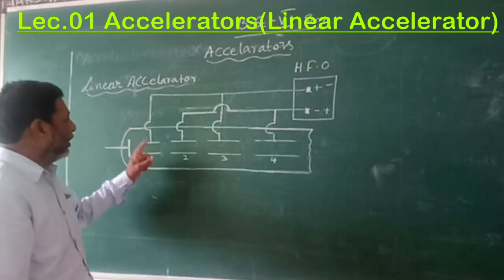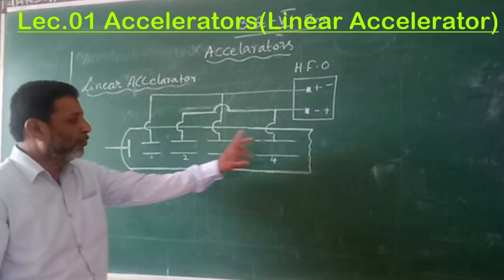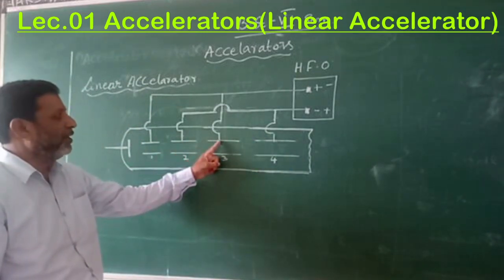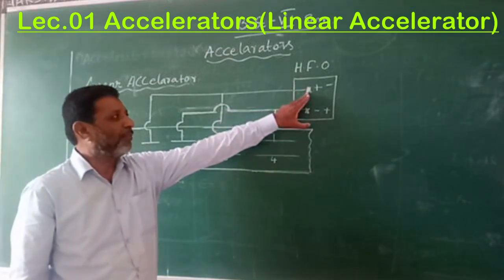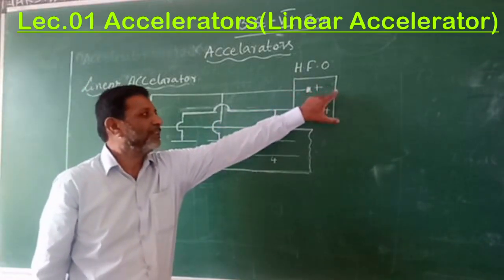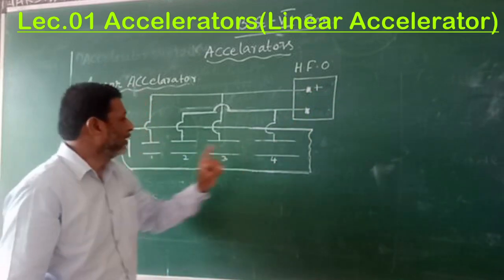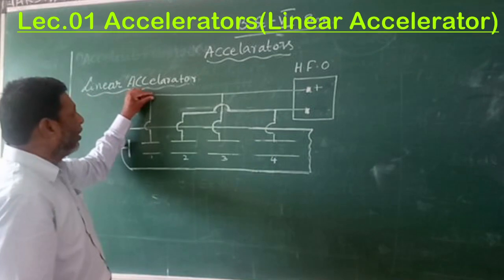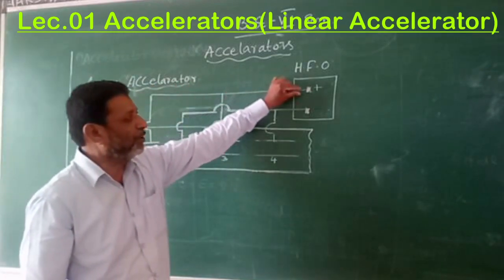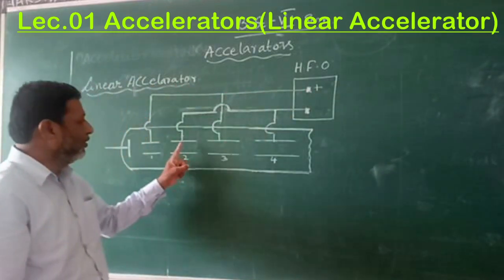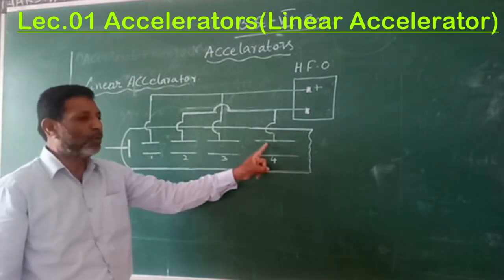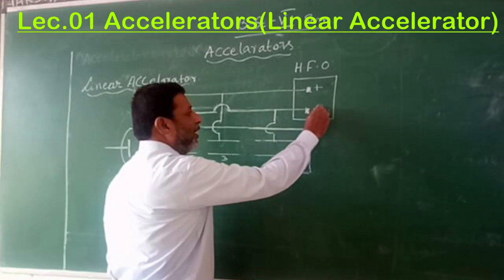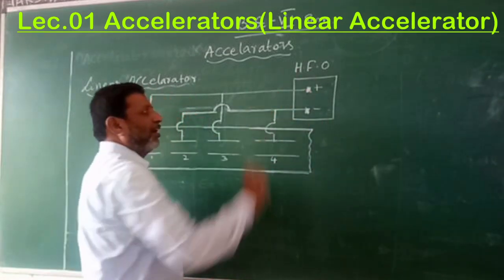Next, the 1, 3, 5, etc., all odd number of cylinders are connected to one terminal of the oscillator. Here you are observing this 1, 3, next, 5th, etc. All odd number of cylinders are connected to one terminal, whereas even number of cylinders 2, 4, etc., all are connected to the other terminal of the oscillator.